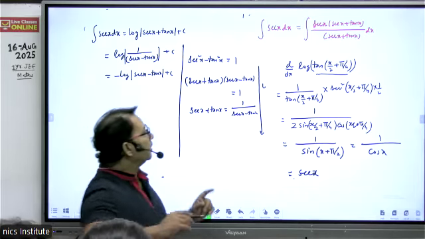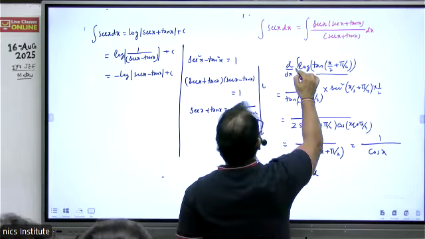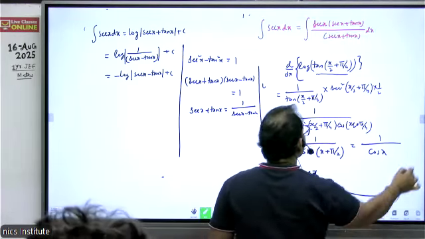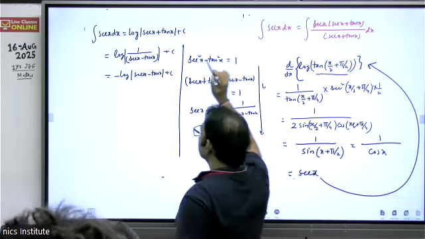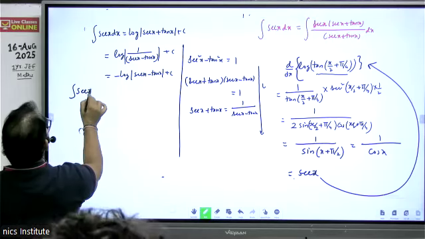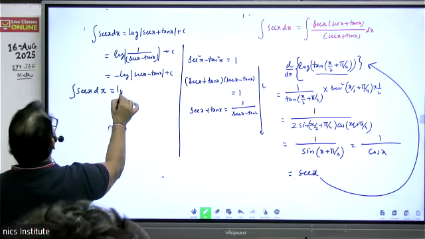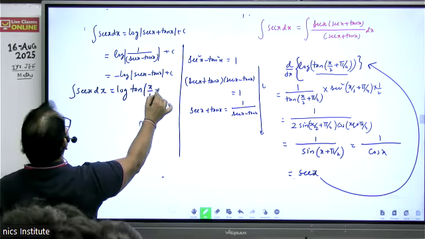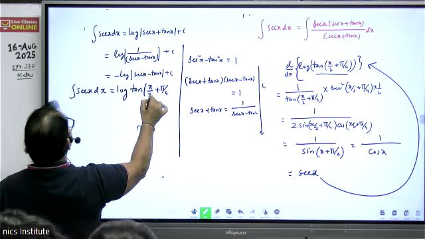That means if this is the derivative of sec x, then integration of sec x would be this. So yet another formula for integration of sec x is log of tan of x by 2 plus pi by 4.